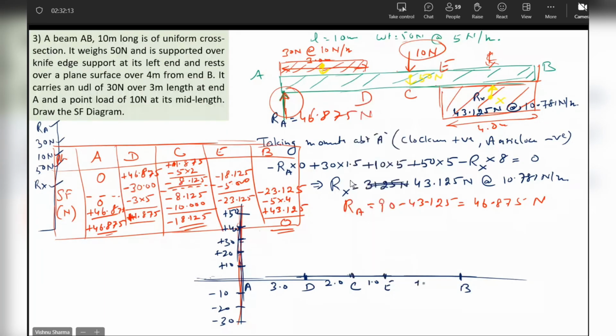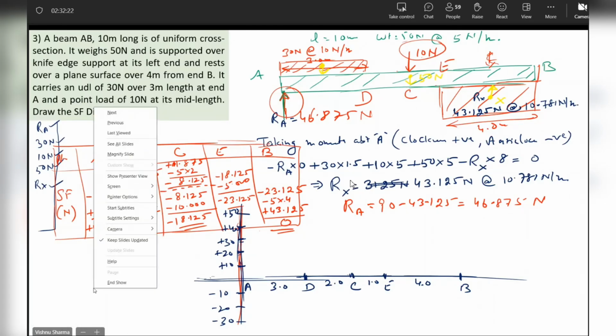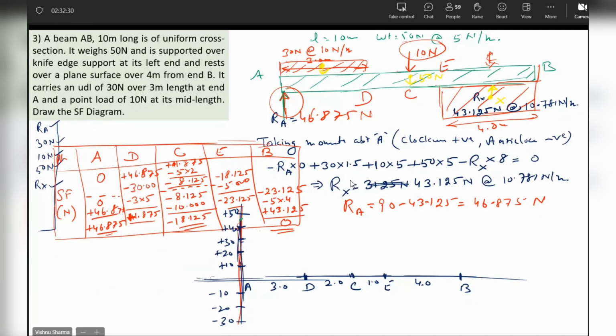And this is 4. So we mark these points. Now at A, you go from 0 to plus 46. Zero to plus 46, somewhere here you go. Okay, you go to this point.